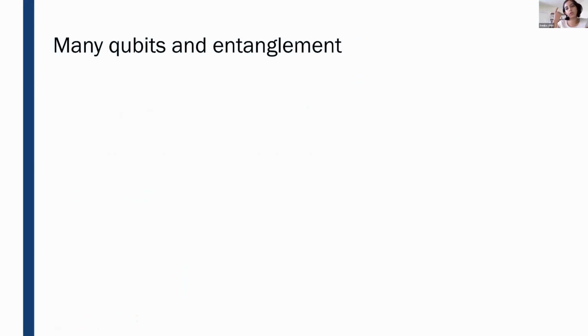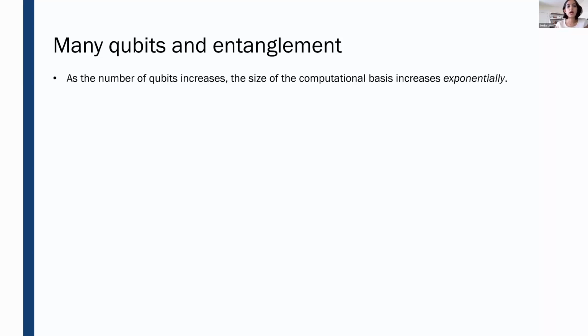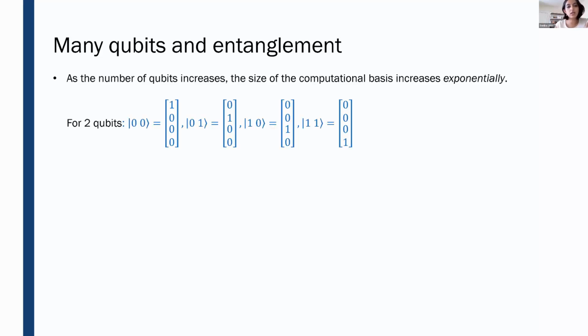So this was the state of one qubit. What happens when you have many qubits? As the number of qubits increases, the size of the computational basis will increase exponentially. For example, for 2 qubits, you would have 4 basis states, and for 3 qubits, you would have 8, and so on.